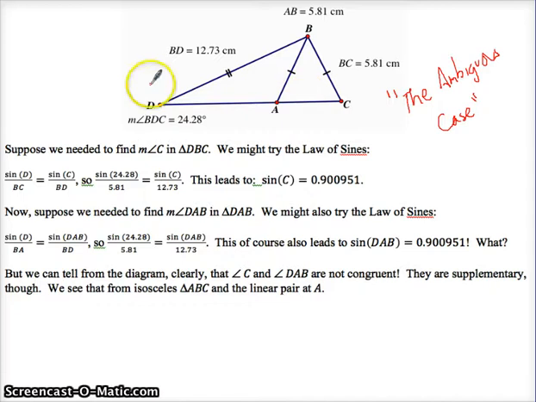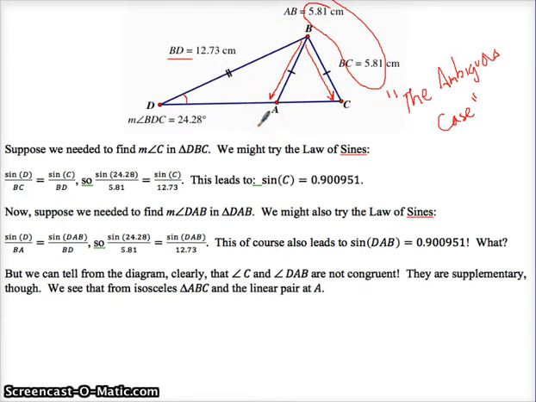If you just look at what's given here, we're given that this angle is 24 whatever degrees, and we're given that this side is 12.73, and we're given that there's some other side that's 5.81. It turns out you could lay that side of 5.81 down from B to the other part of this angle here that's kind of fixed, or you could lay it down this way, in such a way that this could kind of flop either way, and what looks like here is an isosceles triangle.